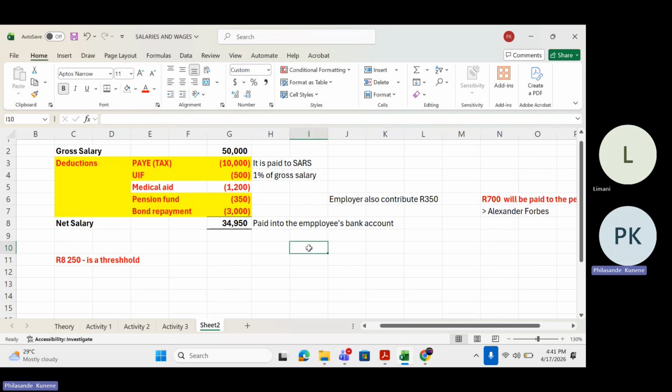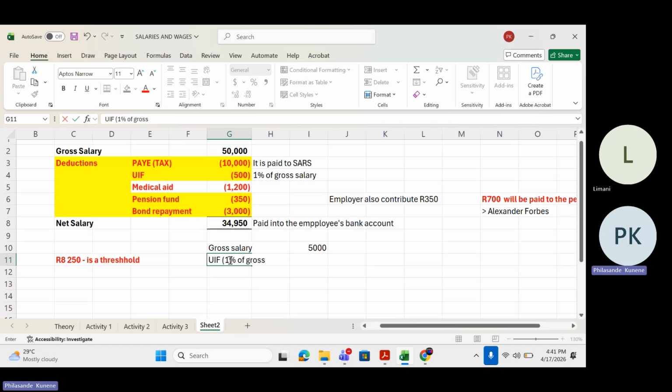So if I'm earning 5,000 rands as my salary, 1% of that will be my UIF. So if my gross salary is 5,000 rands, then my UIF is going to be 1% of gross.